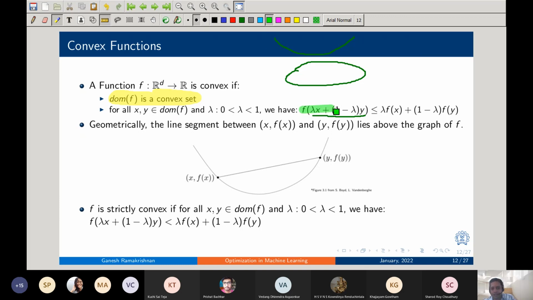We are saying that the function at the convex combination, in plain words, must be less than or equal to the convex combination of the function values, to be more specific.